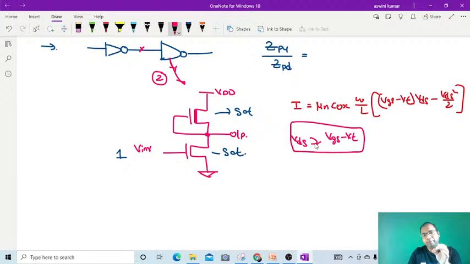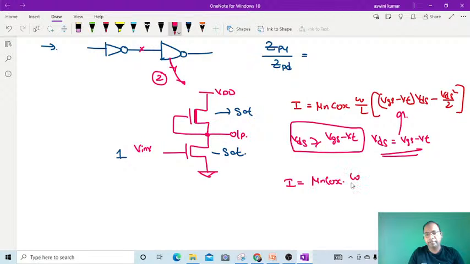In this one, if I am taking the equal to expression, then VDS becomes equal to VGS minus VT. Now substitute this in the above expression, then what I will get for the drain current? Mu n COX W by L, VDS square by 2. So finally it is the current flowing through the MOSFET in the case of saturation.